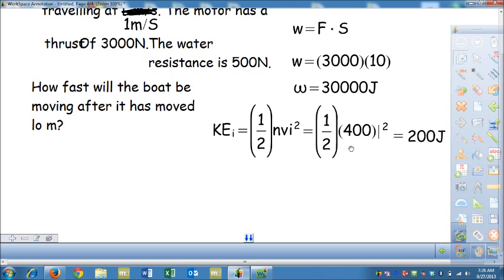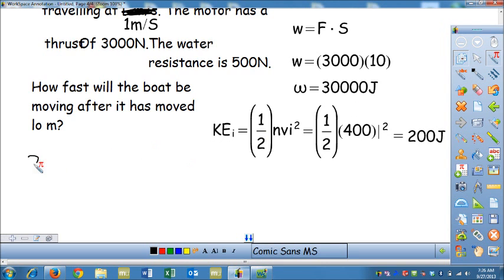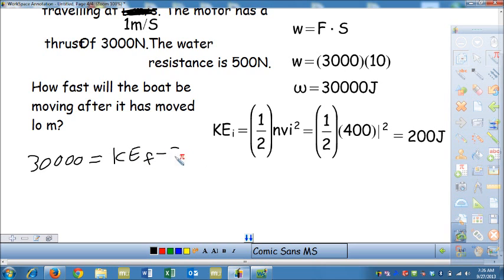Let's see now. So that means that 30,000 joules equals kinetic energy final minus 200 joules.